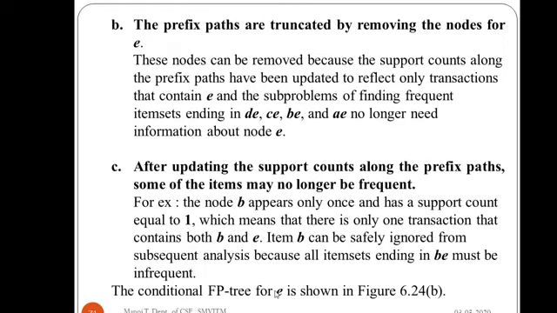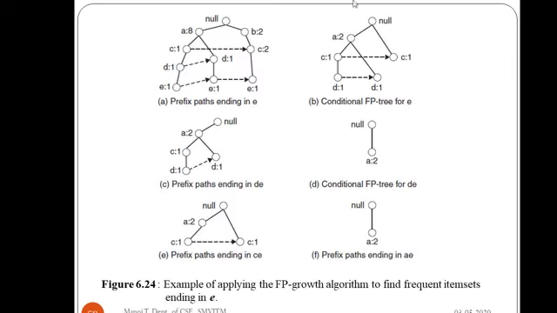Next, the prefix paths are truncated by removing the nodes for E. Once you have obtained the actual transactions containing E, we no longer require the nodes having E. So we can remove them because the support counts along the prefix paths have been updated to reflect only the transactions containing E, and the subproblems of finding frequent item sets ending in DE, CE, BE and AE no longer need the information about node E.